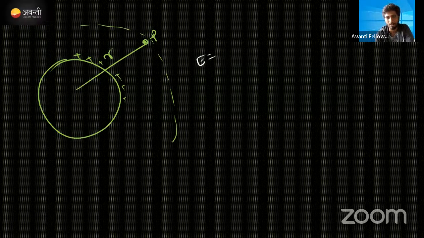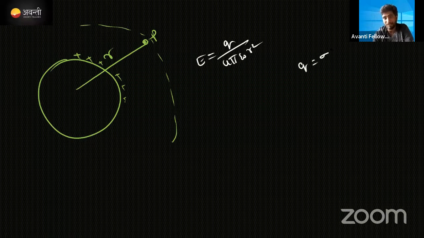If I consider uniform charge values, the electric field intensity we got here was q divided by 4 pi epsilon naught into r square, correct? Now the charge value is the surface charge density into area, that is 4 pi capital R square.